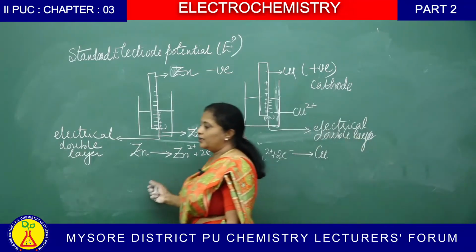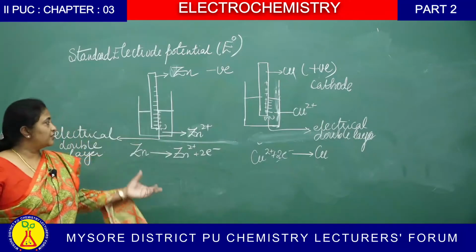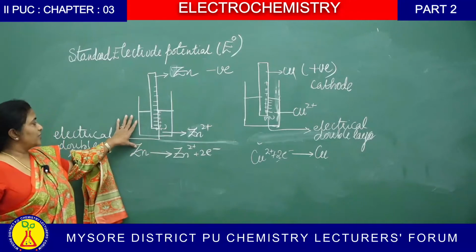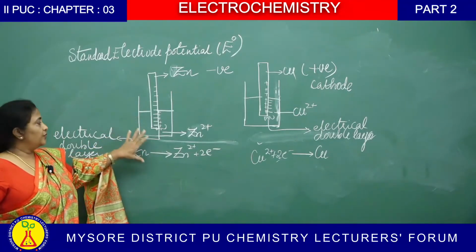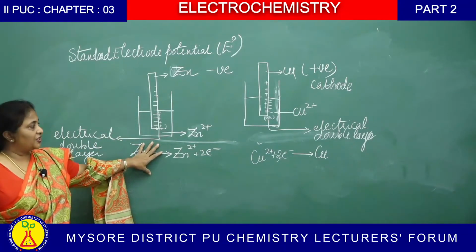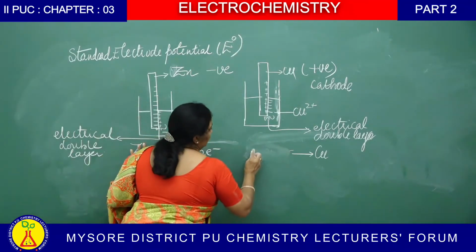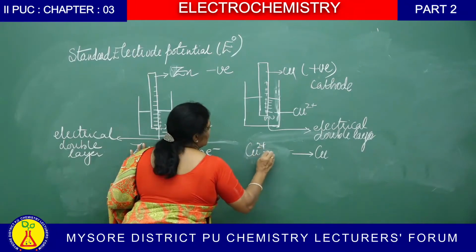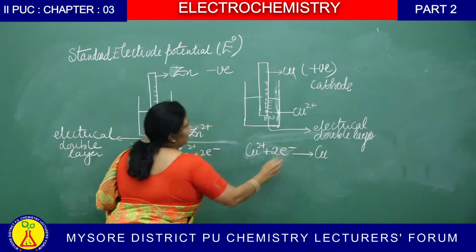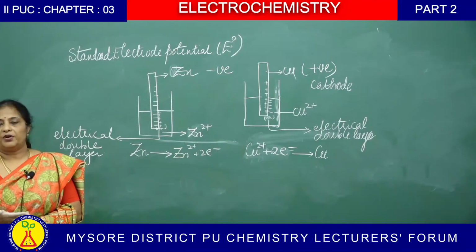Since oxidation is occurring here, you say this is the oxidation potential, and since reduction is occurring here, you call this electrode potential the reduction electrode potential.